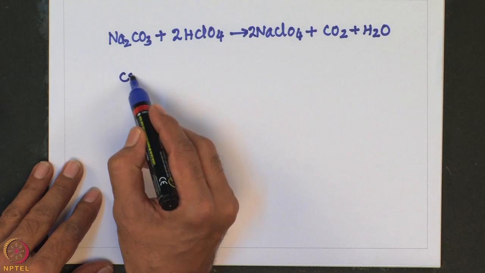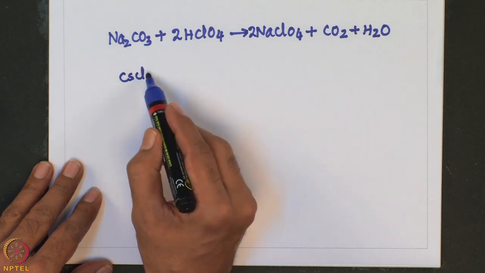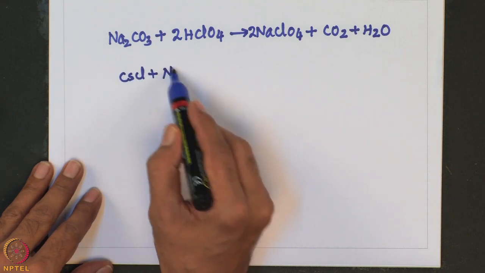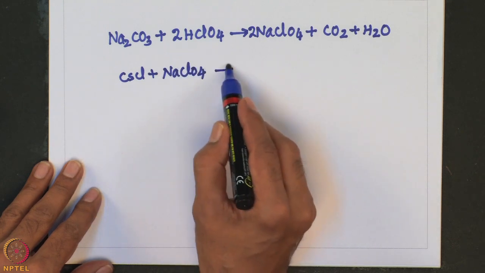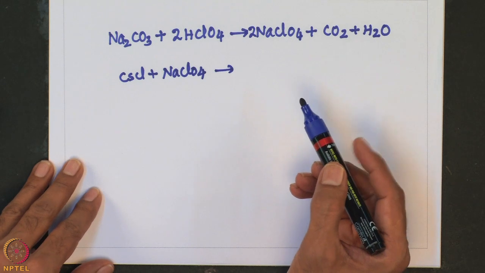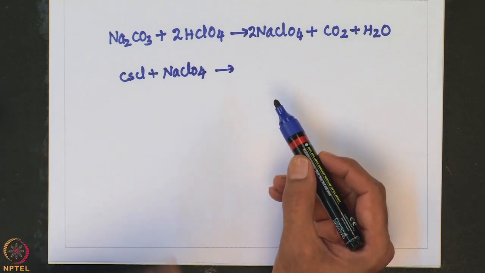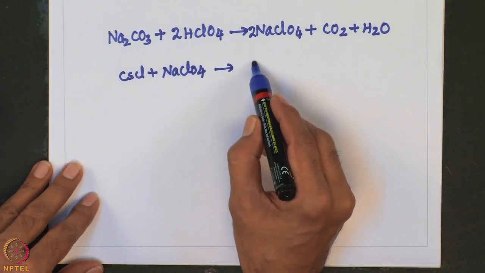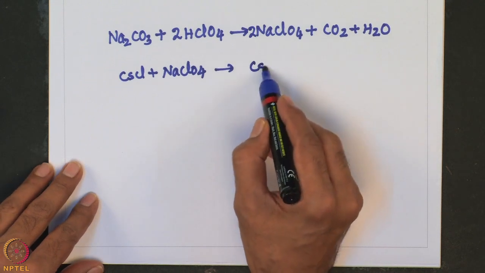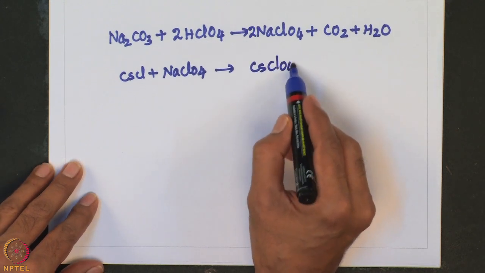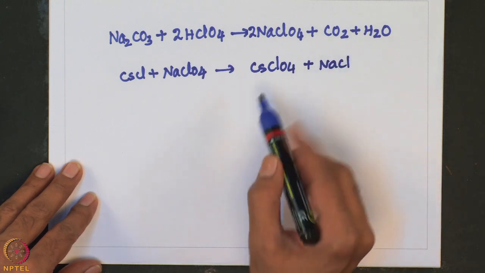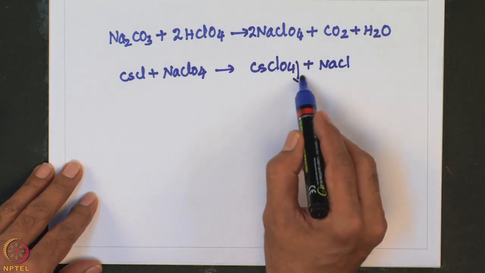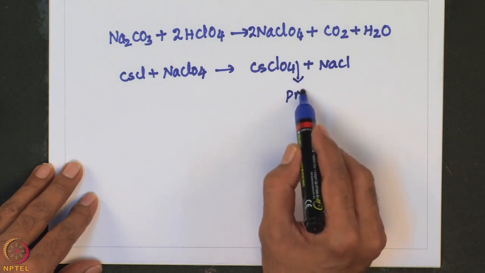Cesium chloride can be reacted with sodium perchlorate here. In this case, what happens? Cesium perchlorate readily precipitates out, as a result that can be separated from sodium chloride. This precipitates out.